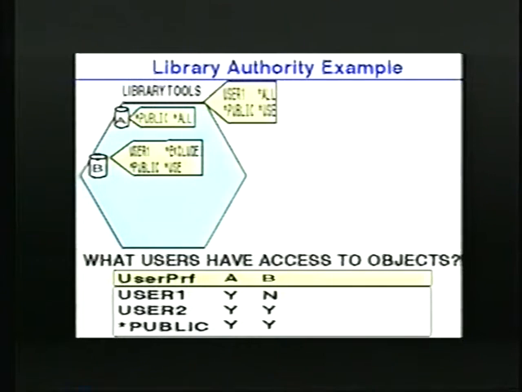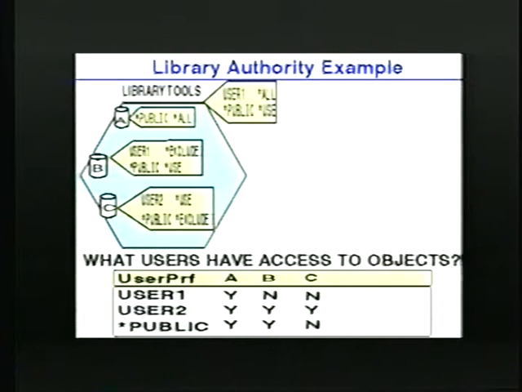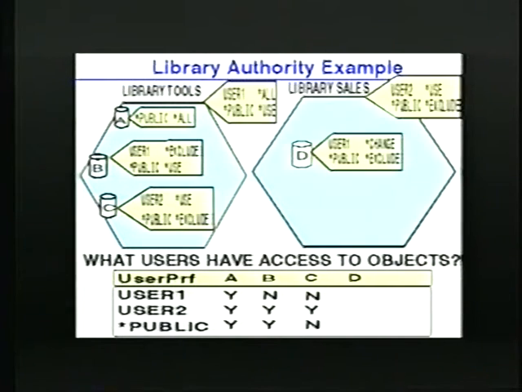Let's take a look at another object in this same library. Object C, in which user 2 has use access, the public has exclude access. Again, asking what users have access. Well, for object C, the answer is only user 2 has access to object C. Let's take a look at another library and ask the question, who has access to object D in library sales?